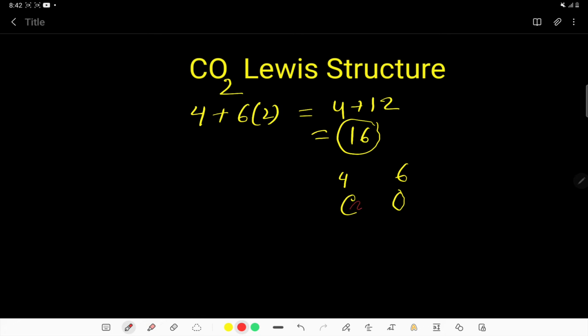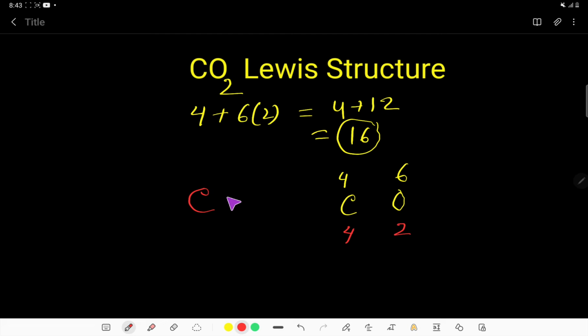To fulfill the octet, the oxygen will share 2 electrons and carbon will share 4 electrons. Oxygen sharing 2 electrons means oxygen will form 2 bonds and carbon will form 4 bonds. So let us show these things. Now oxygen will have 8 and carbon will have 8, that is, they will satisfy their octet.